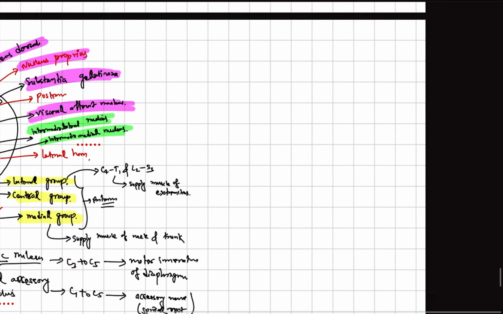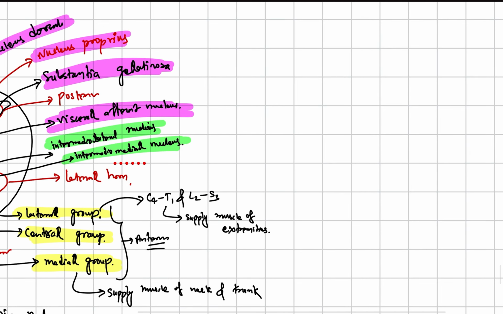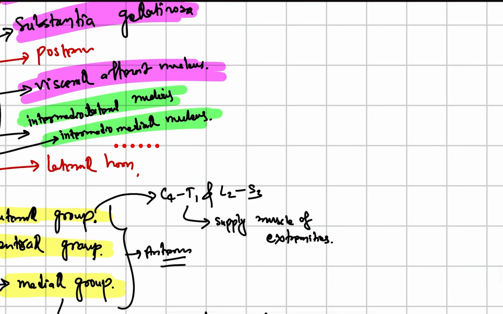Now moving on to the lateral horn. In the lateral horn there is the intermediolateral cell column.